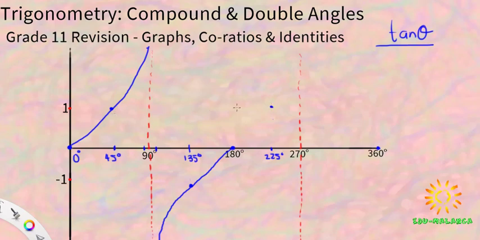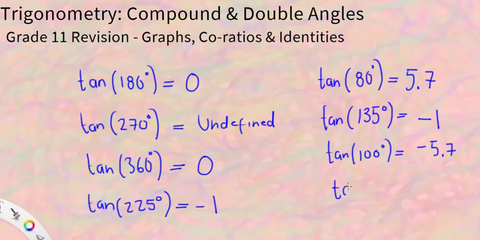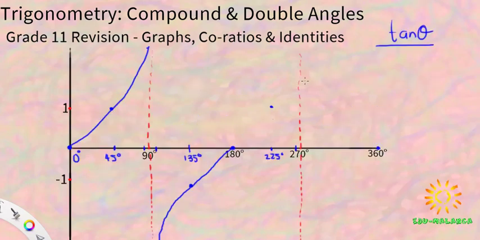1. It's starting to look like history is repeating itself. Let's check 260 degrees. The tangent of 260 degrees is equal to 5.7. Yes, history is repeating itself. So the graph will grow to this.